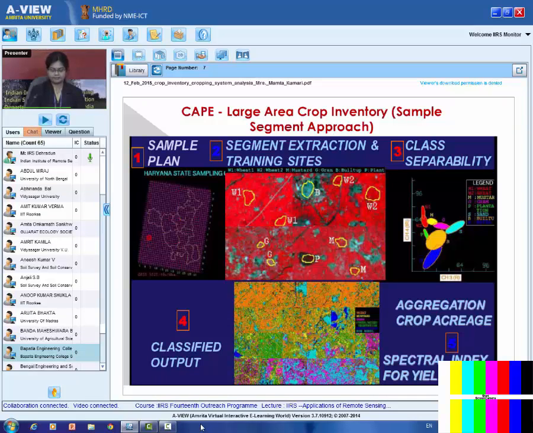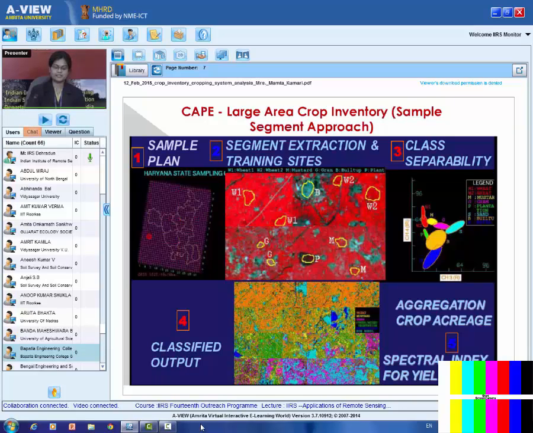Then how are these sample segments selected? These also depend on crop characteristics, and on what collateral data are available in that area. Collateral data means topographical maps and thematic maps. Thematic means existing land use, land cover map, soil map, climatic data, everything.